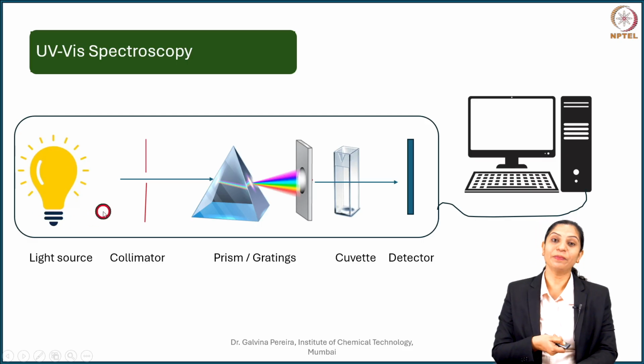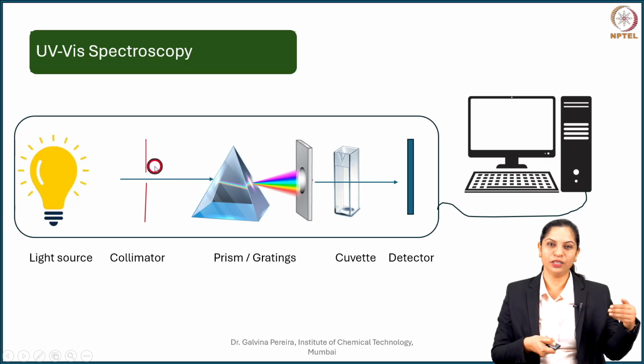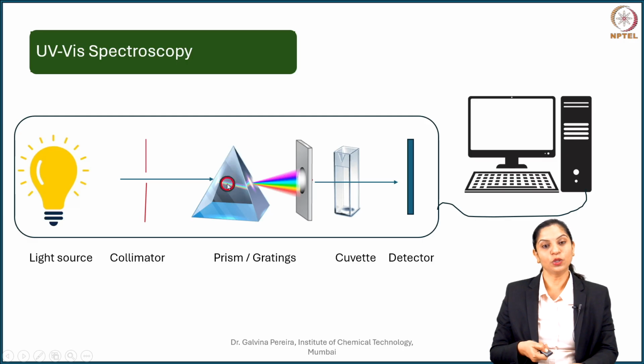This light source can be a halogen lamp for visible and a deuterium lamp for the UV range. Then you have a collimator which can help refine linear or planar light for us. Then this goes through a prism or grating where these waves will be split into a spectrum, from which you can pick up the wavelength of your interest.